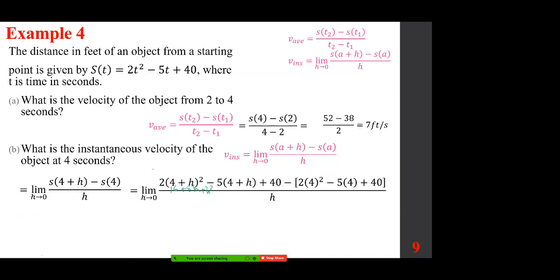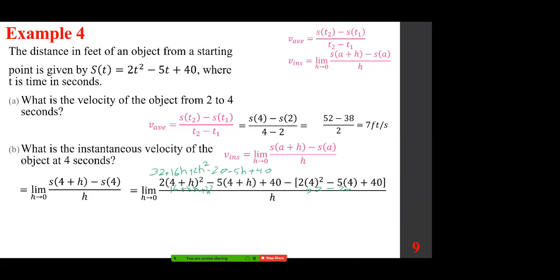So you have to multiply that by 2. You get 32 plus 16h plus 2h squared. The rest is easy. You can easily see the calculation. This is minus 5 times 4, or 20, minus 5h, plus 40.